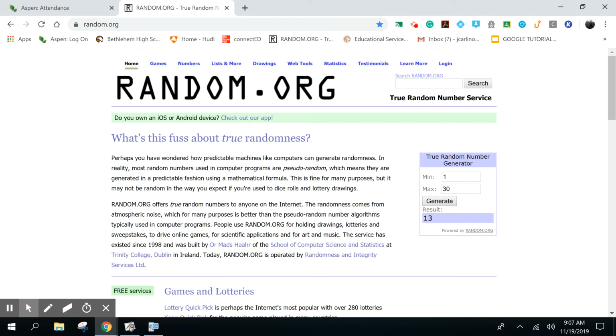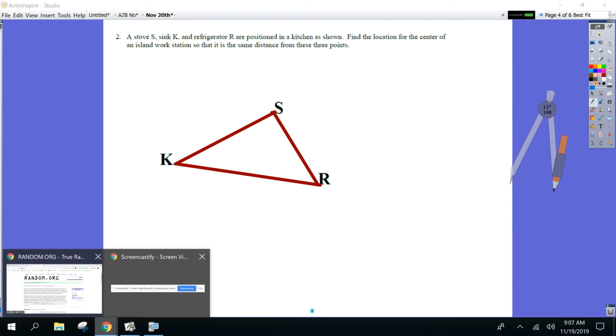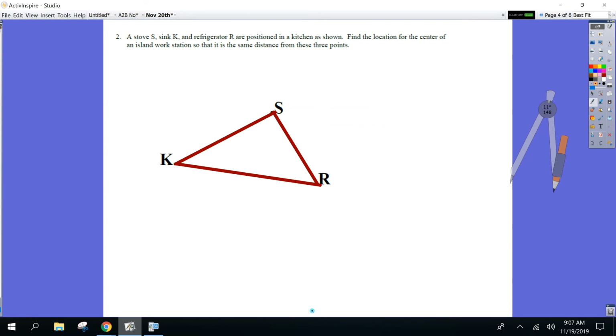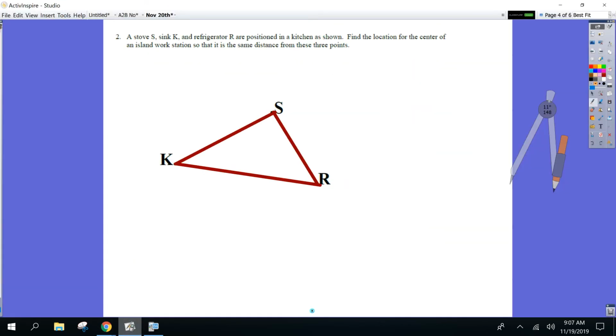What am I asking you to find here? The circumcenter. I'm asking you to find the circumcenter. So if I need the circumcenter, I'm asking for the intersection of all three what? Good call.